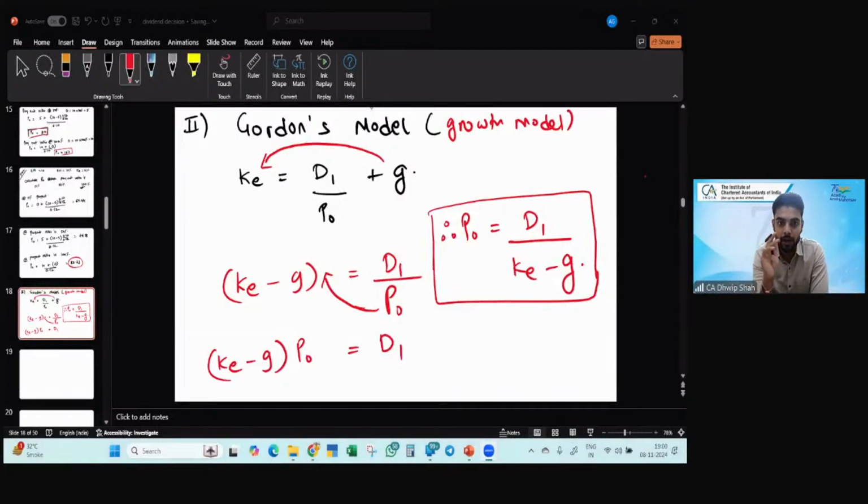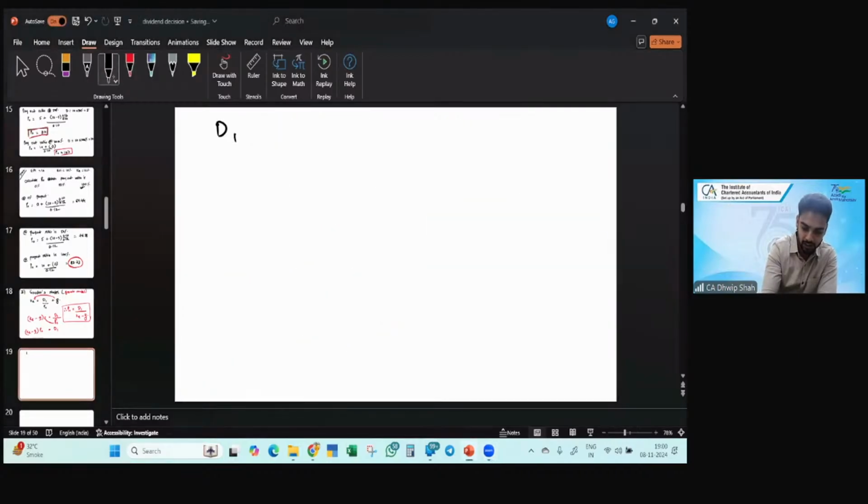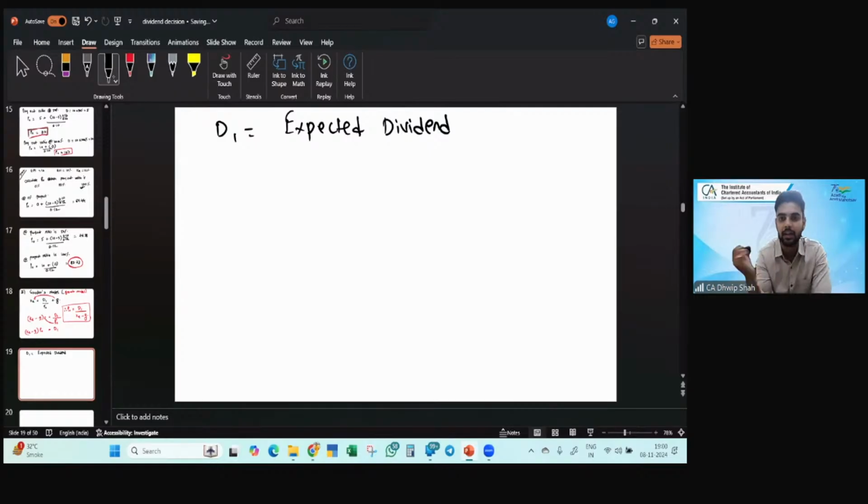But did you understand the formula of Gordon? Price of the share today is nothing but D1 upon KE minus G. What is D1? D1 is nothing but the expected dividend, the expected dividend in year one or in the coming year.